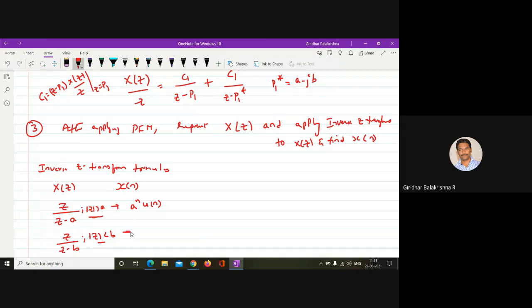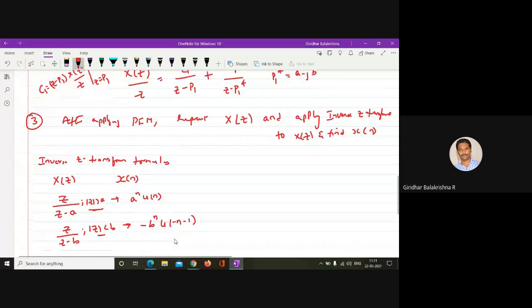So for an anti-causal system, the inverse z transform of z by z minus b is minus b power n into u of minus n minus 1.